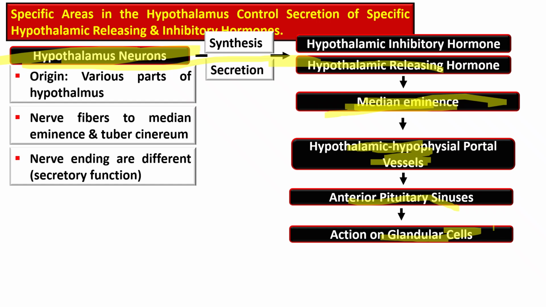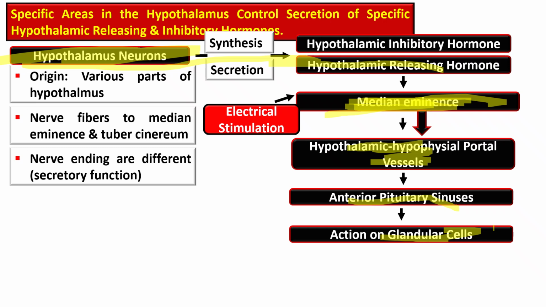Arcuate nucleus is associated with gonadotropin releasing hormone, and preoptic area is associated with thyrotropin releasing hormone secretions. So stimulating the median eminence electrically results in release of all hypothalamic hormones, showing that it is the critical interface between the neuronal signaling and endocrine output.